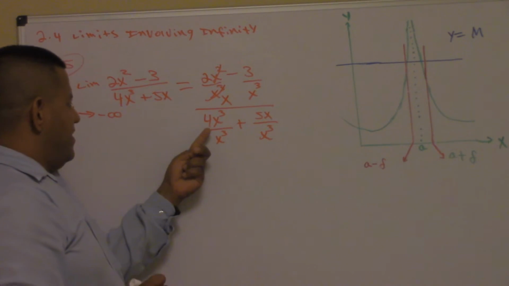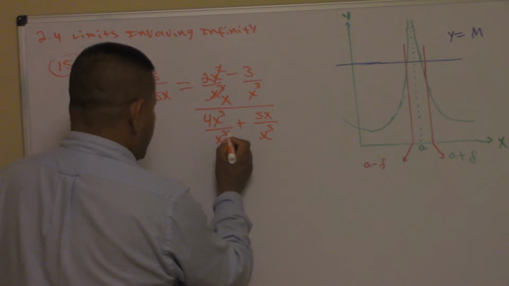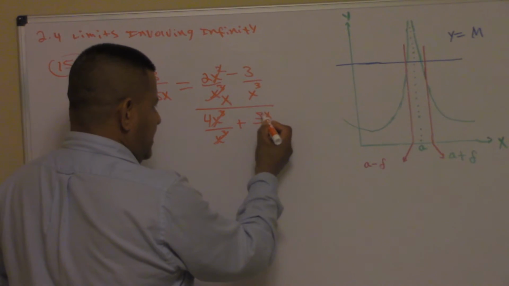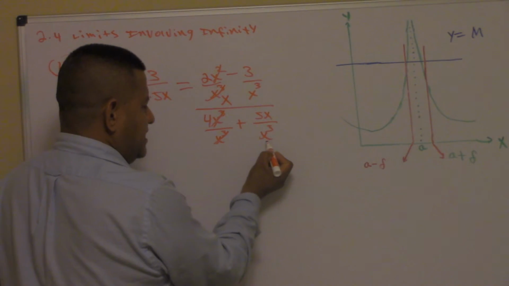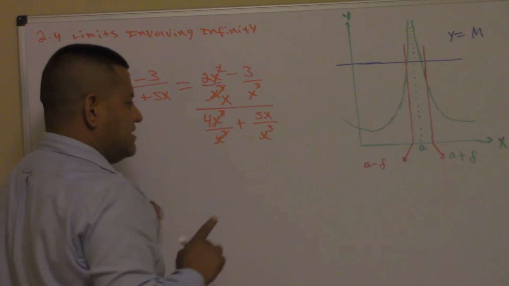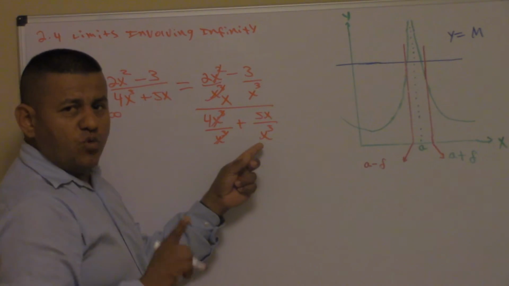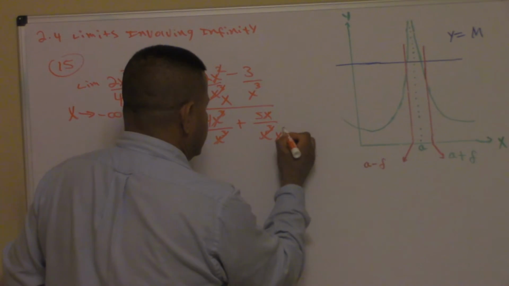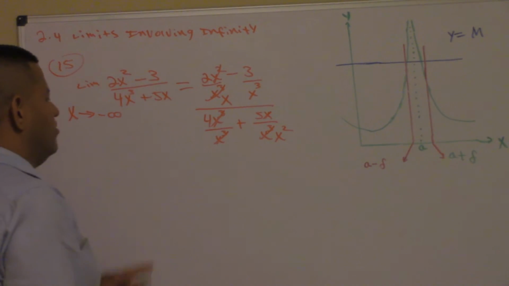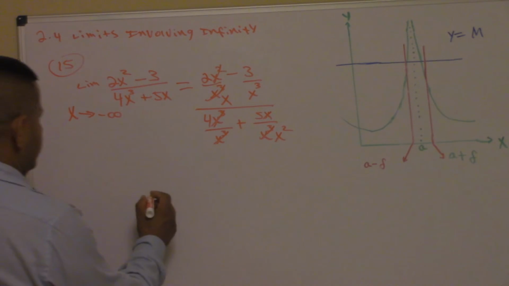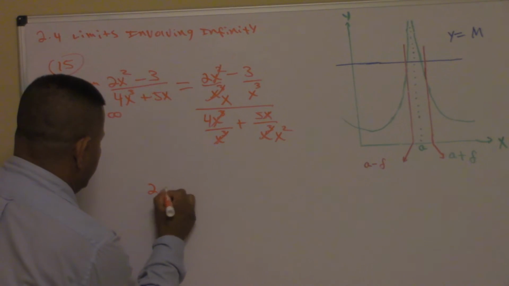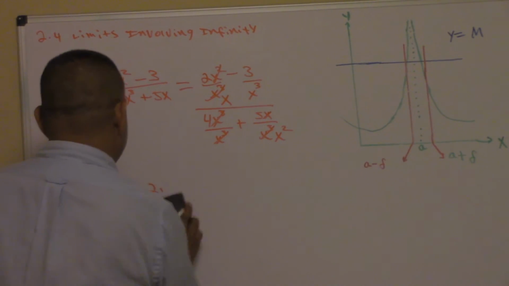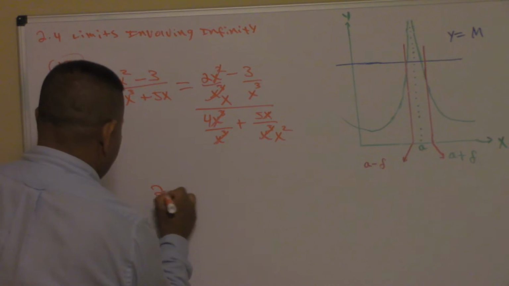Then this one right here, x cubed cancels with that x cubed. And this 5x divided by x cubed, 1x on the top cancels with 1x on the bottom, which leaves me with x squared. Now what I'm going to have is 2x, I'm sorry, it's not 2x, it's just 2, right?